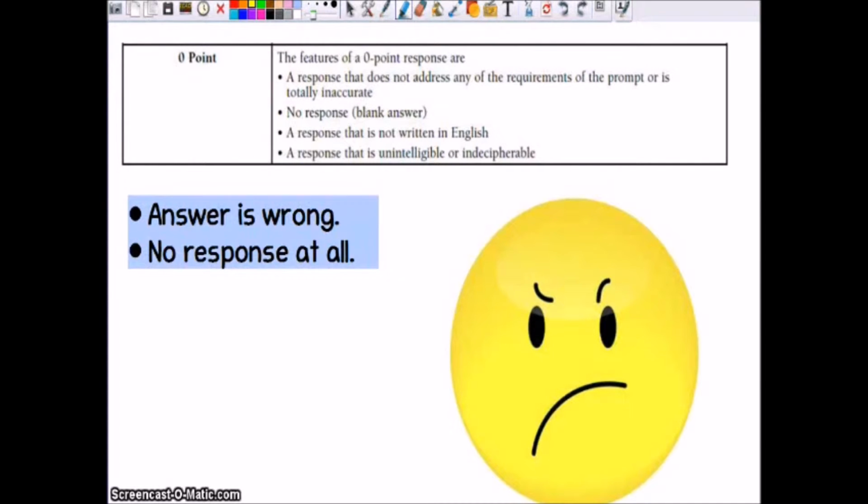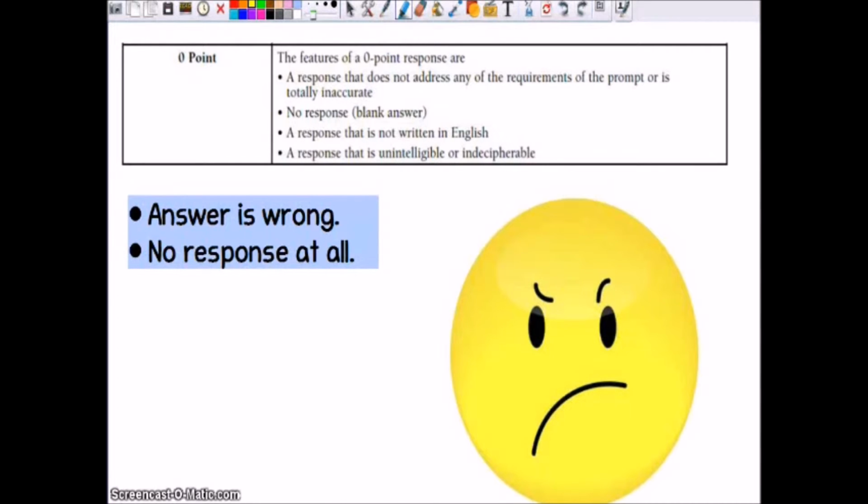And then finally, we have a 0 point response, which I hope to never see from any students in my class. A 0 is a response that doesn't answer any of the requirements of the question, or it's completely inaccurate, meaning whatever you wrote shows that you don't understand the question and or the reading. If you leave it blank, you obviously get a 0.